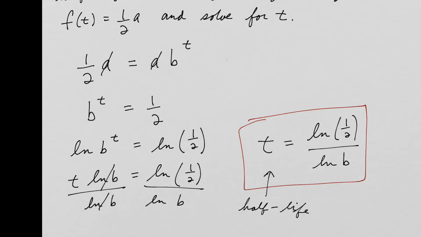Okay, so here's an example. A scientist begins with 250 grams of a radioactive substance. After 225 minutes, the sample has decayed to 32 grams. We want to find the half-life of the substance.